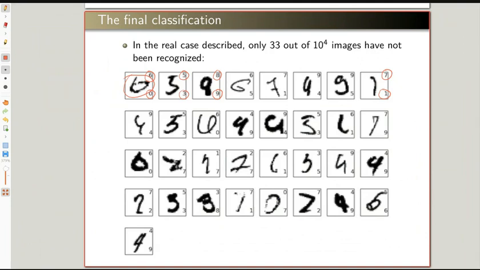These are 60,000 digits, and all the 60,000 digits have been correctly recognized, except this 33. And another question in terminology: to learn means to do gradient flow. When you say that a machine is learning, it is computing a gradient flow, correct?